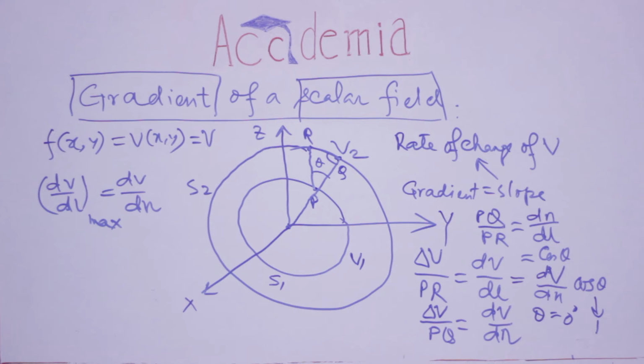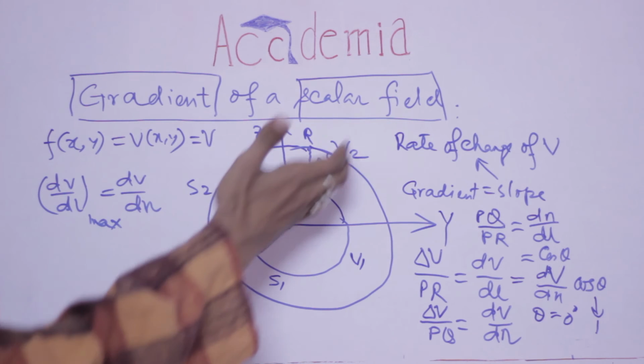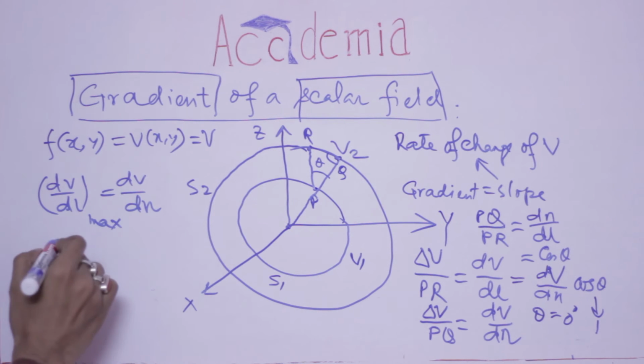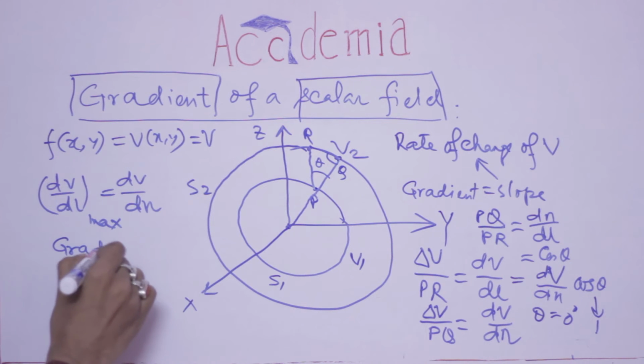That is, the maximum rate of change of v occurs in the direction PQ, which is the radial direction. So the maximum rate of change of v occurs in the radial direction. This maximum rate of change of v is called gradient.